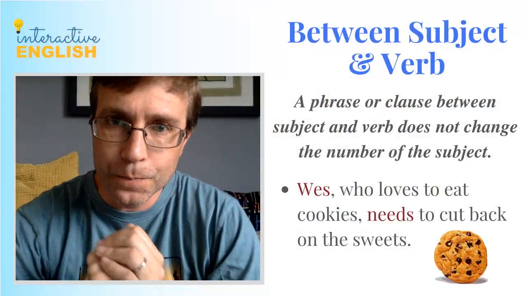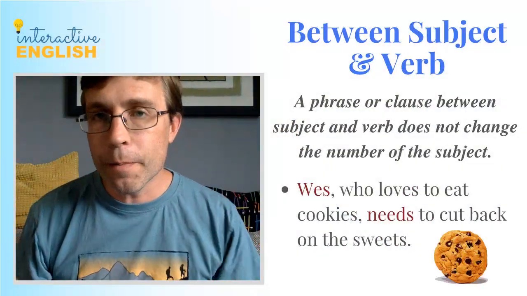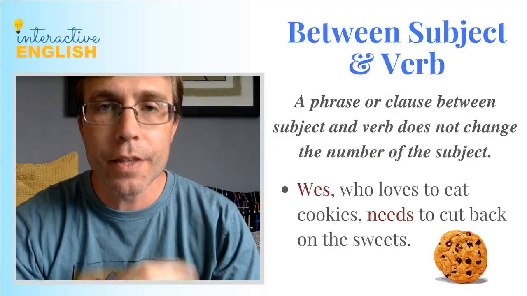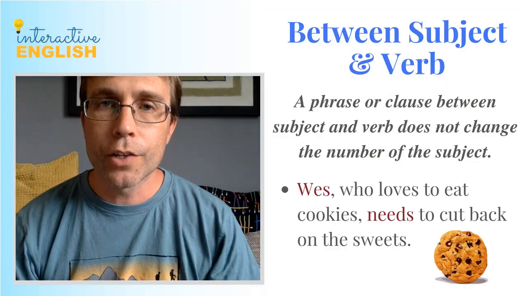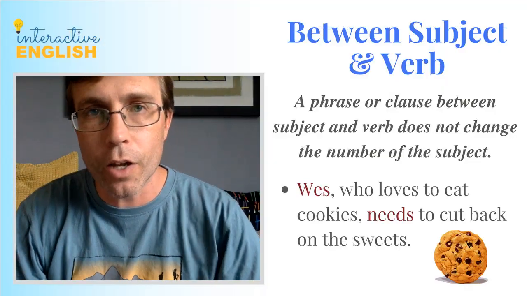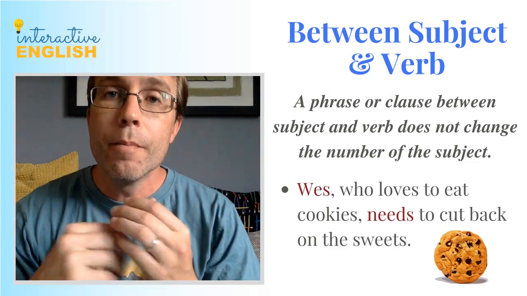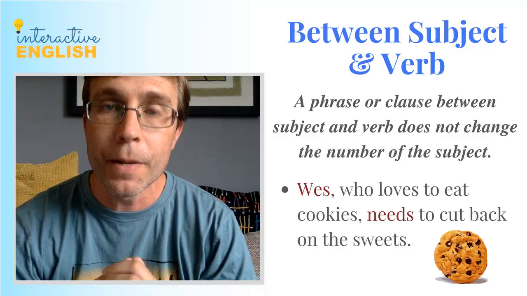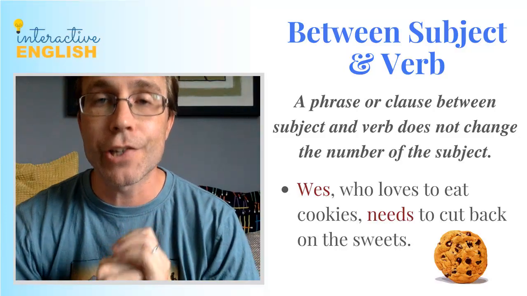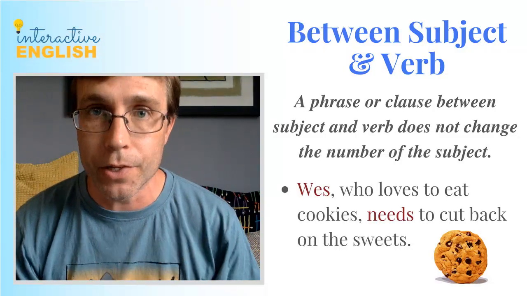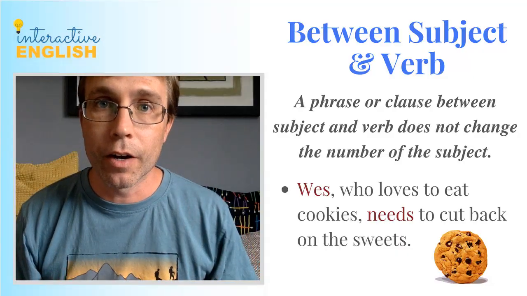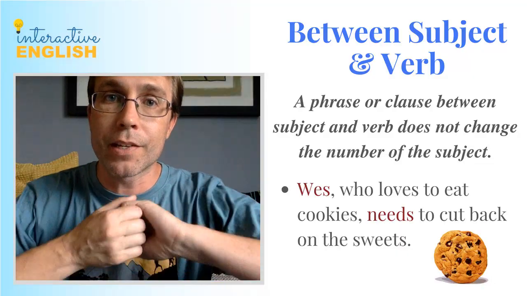So let's continue. Next, I want to talk about information that is between the subject and the verb. You could have a phrase or clause, most likely an adjective phrase or clause, between the subject and verb, but that does not change the number of the subject. It doesn't matter, all right? The subject and verb must agree.